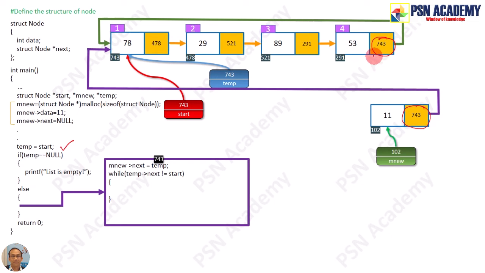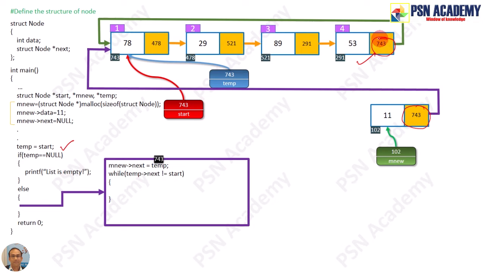Now, at present, the last node, which is here at 291, is pointing to the first node at 743. But whenever this new node at 102 will be inserted and will be considered as the first node in the list, then this 743 must be replaced with 102.